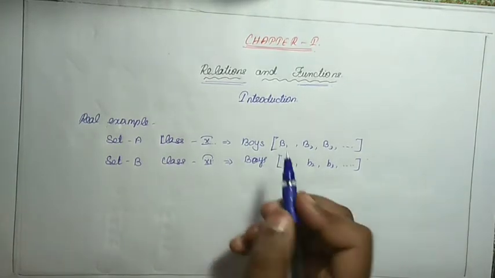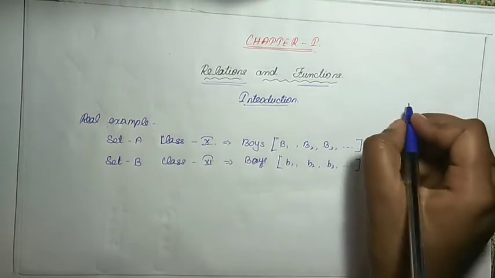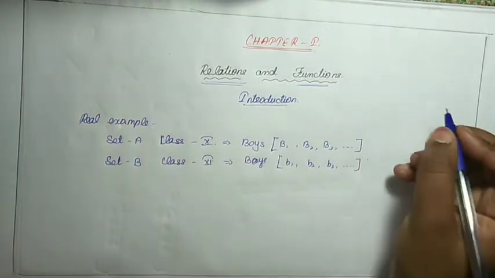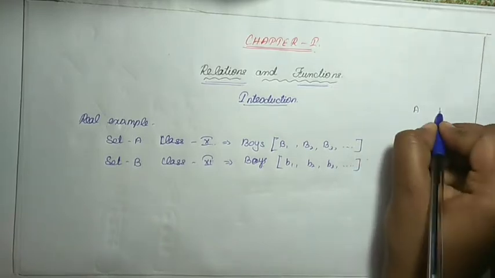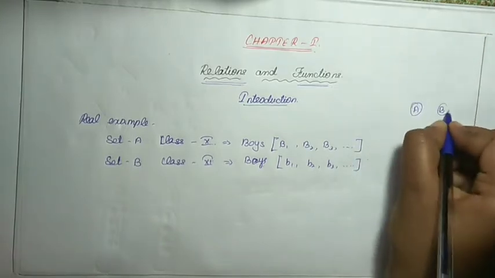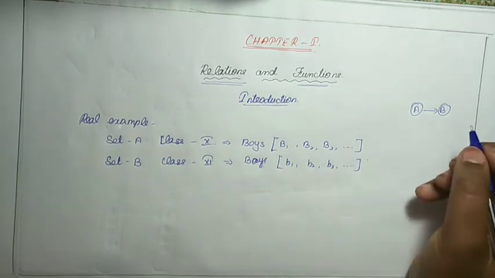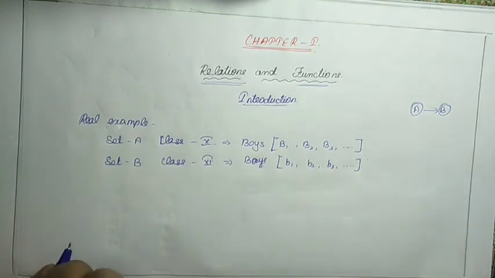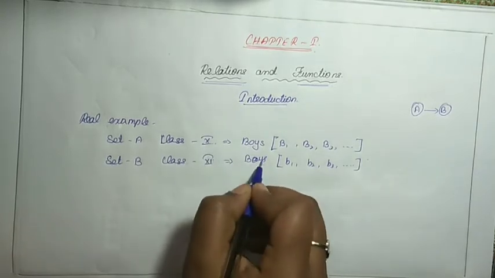As we have already learned, what is a relation? Relation means we are relating two given sets. Say A and B are the two given sets and we are relating them through some common property. That is what a relation is. So here also I'm going to take these two sets, class 10 boys and class 11 boys.